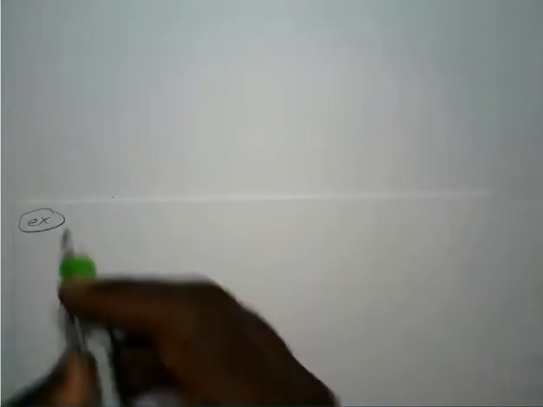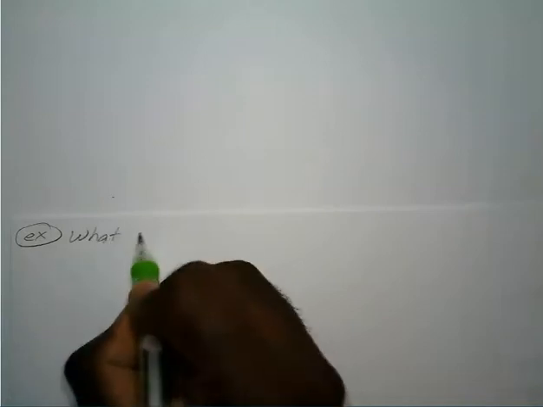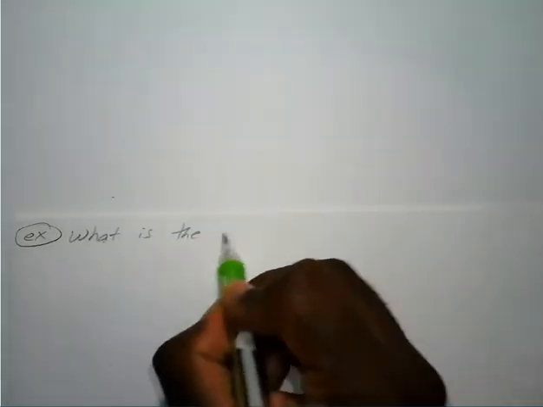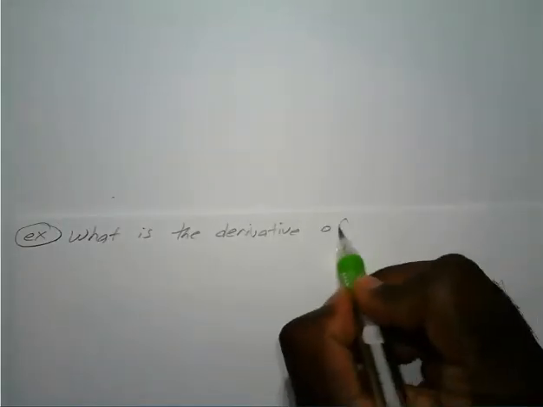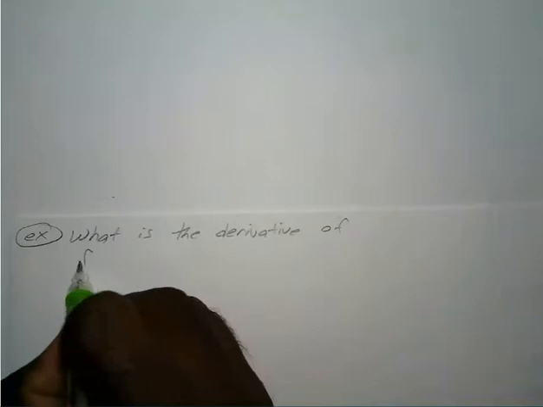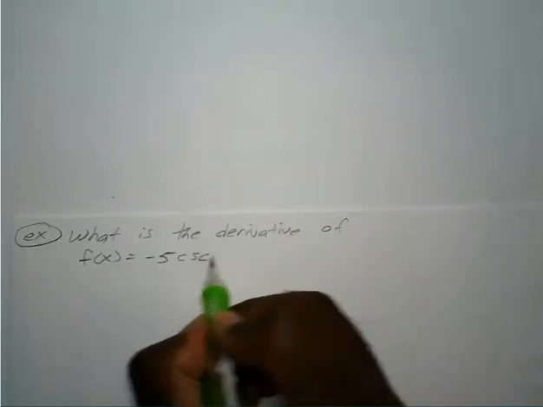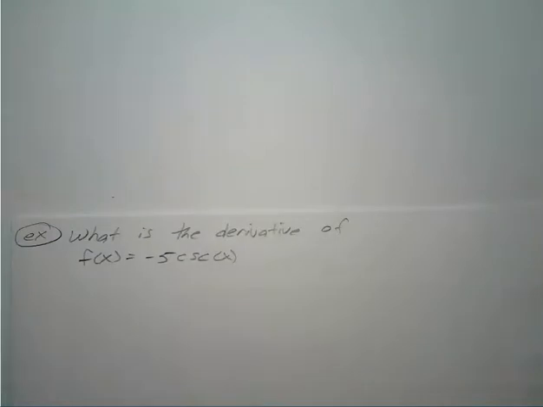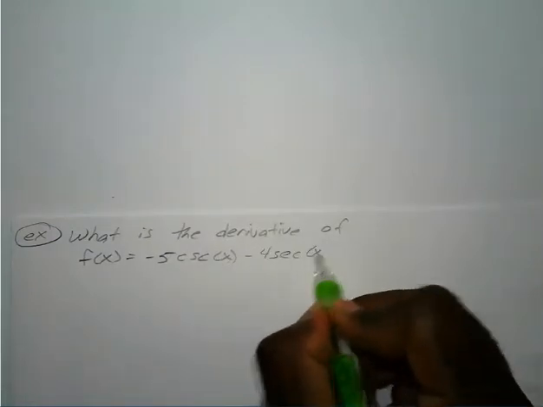Okay, so let's say, for example, you want to find out what is the derivative of f of x equals negative 5 cosecant x minus 4 secant x.